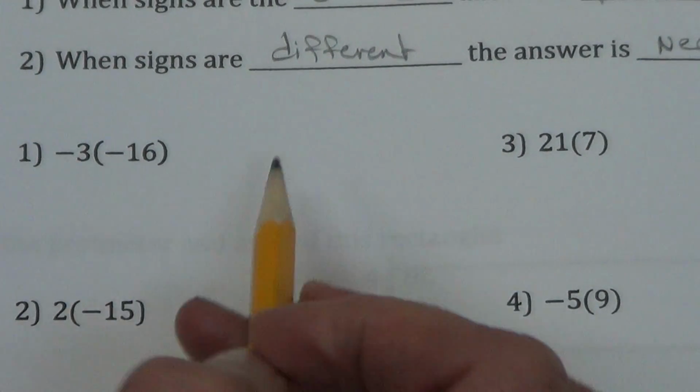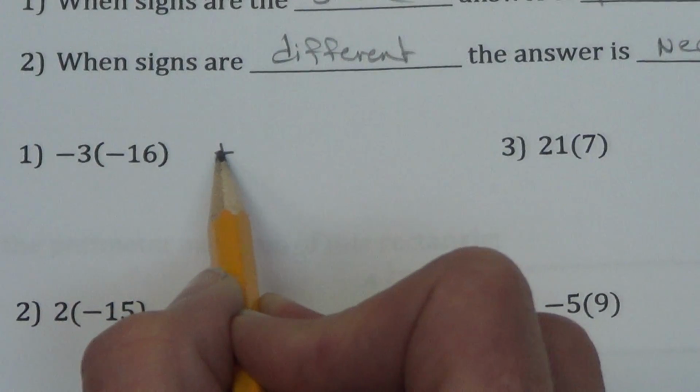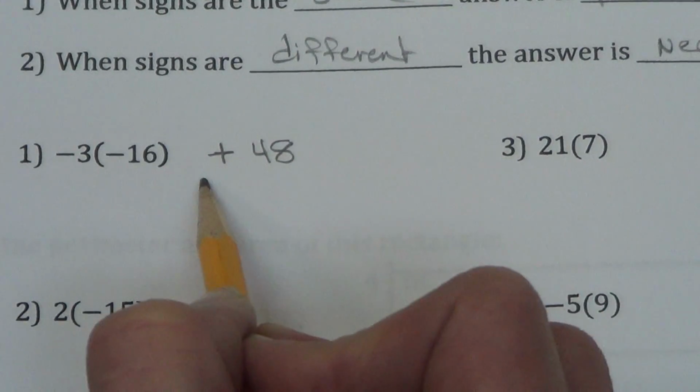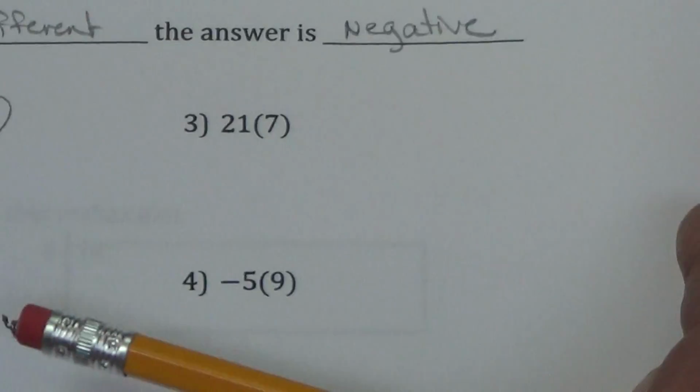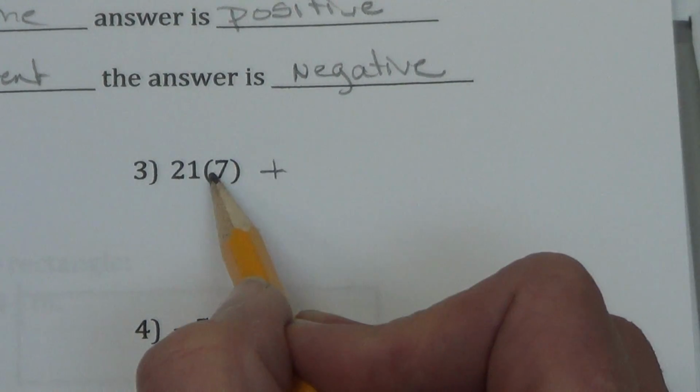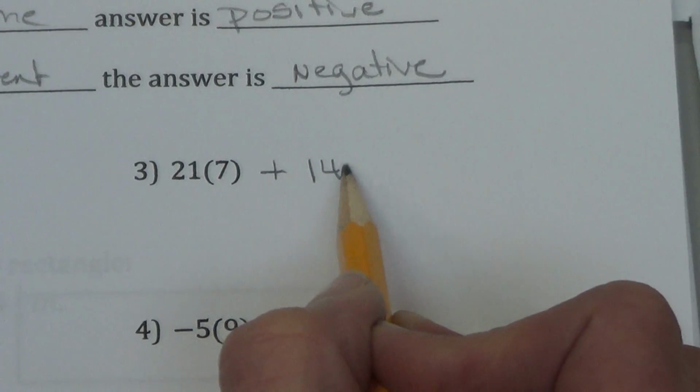These signs are the same, you know the answer will be positive. Go ahead and multiply those, we get 48. Signs are the same, we know the answer will be positive. Go ahead and multiply those, 147.